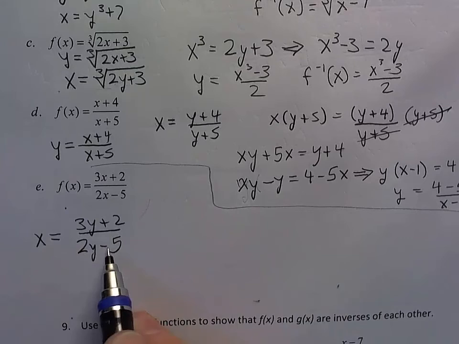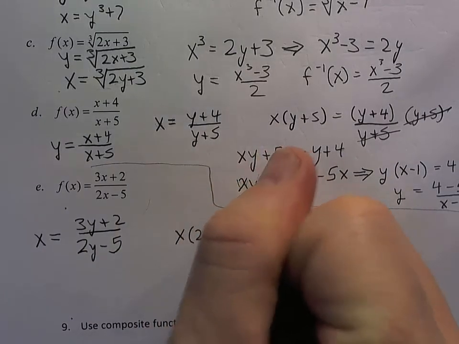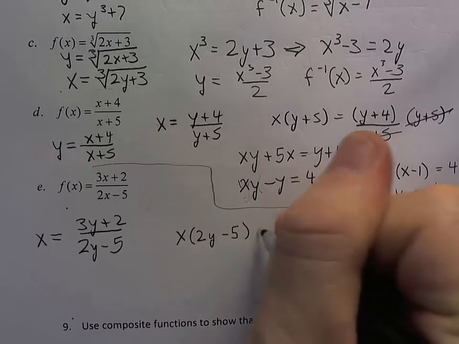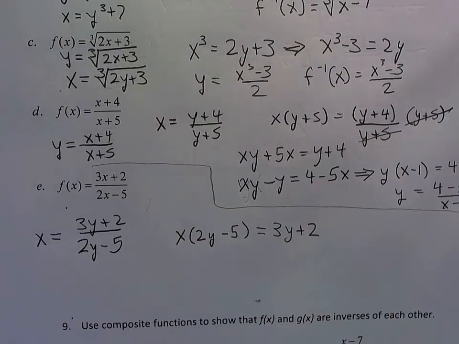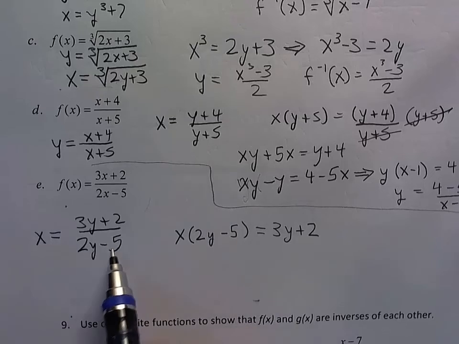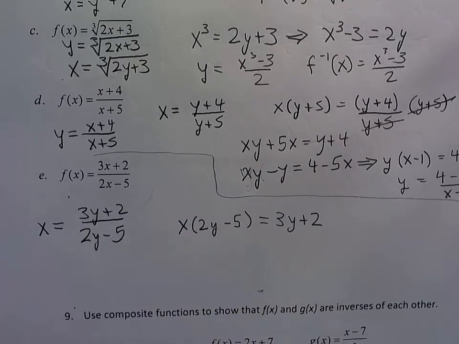Multiply both sides by 2y minus 5, and we end up with this. Okay, so I kind of skipped a step there. But you can see what I did was I just multiplied both sides by 2y minus 5. And the 2y minus 5 cancel out over here.